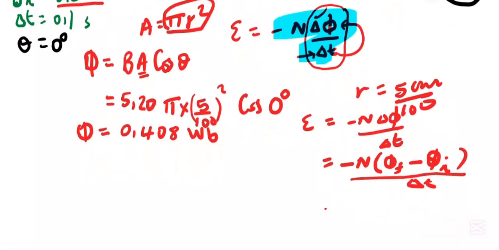So the number of turns is 350. Then they said it is pulled out, which means minus.